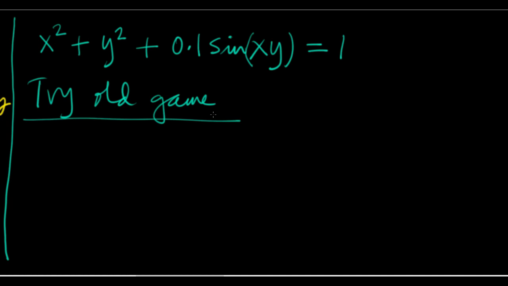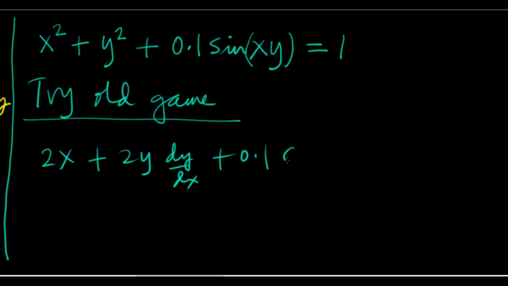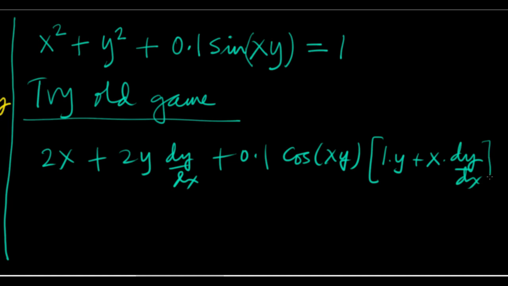And we can say 2x plus 2y dy/dx plus 0.1 cos xy times (y plus x times dy/dx). That's the derivative of the left hand side equals 0.